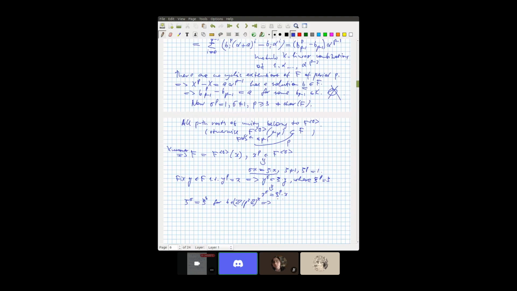Okay, then coming back to y. So we act on y by sigma p times. So what do we get? When we act the first time, this y is multiplied by psi. When we act the second time, it is again multiplied by psi and multiplied by psi to the sigma, and so on.